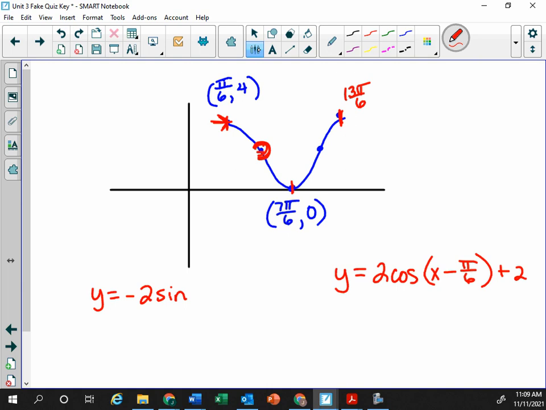So if this is at pi over 6, and this is at 7 pi over 6, what's halfway in between? Pi over 3. 2 pi over 3, right? Because it'd be 4 pi over 6. So this one's at 2 pi over 3. So I see shifting to the right by 2 pi over 3, and then your vertical shift is still the same.